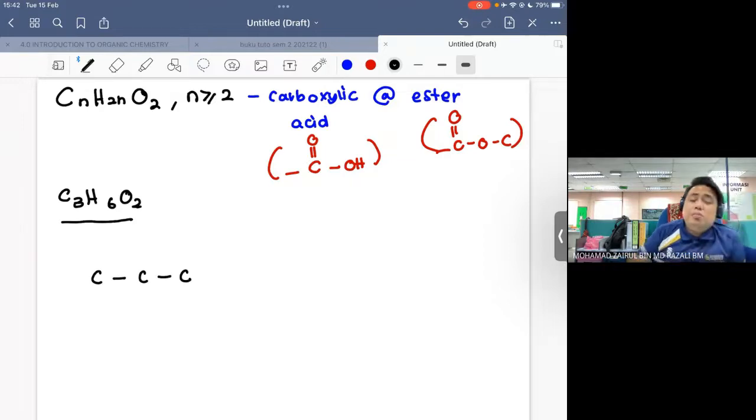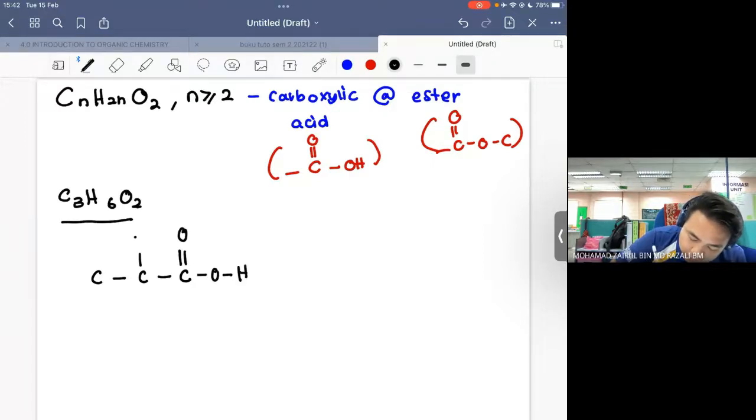So, nak draw expanded structure ni, apa-apa pun, awak draw carbon dulu. Nak draw hydrogen tu awak draw last sekali. Awak draw carbon and then draw lah any other element. Hydrogen yang last sekali. So, we know that carboxylic acid functional group is C double bond O OH. So, we fill up everything with hydrogen.